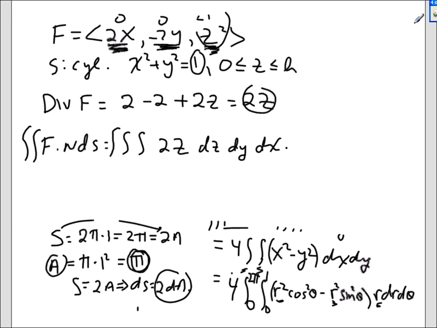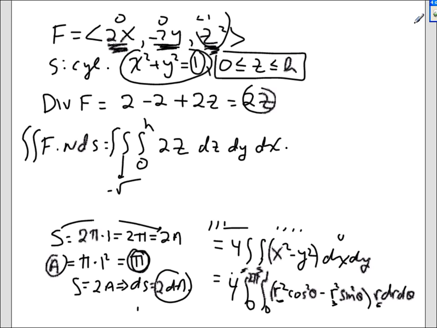Z, they told us, goes between 0 and h. X, well, the whole circle, goes from negative the square root of 1 minus y squared to positive the square root of 1 minus y squared. And that should be y's, so this should be x, sorry.